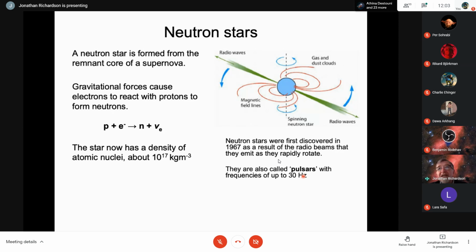And pulsars today are recognized as rotating neutron stars. They are giving off energy. They are rotating at anything from a few hertz to several thousand hertz, rotating several thousand times a second. So these are very significant events.